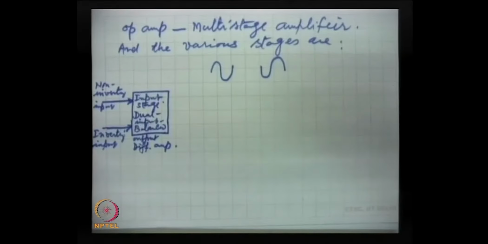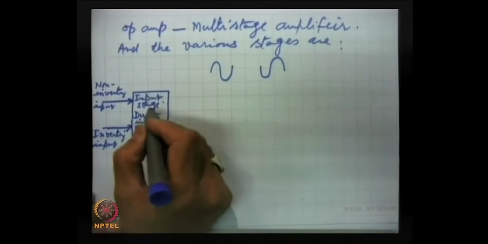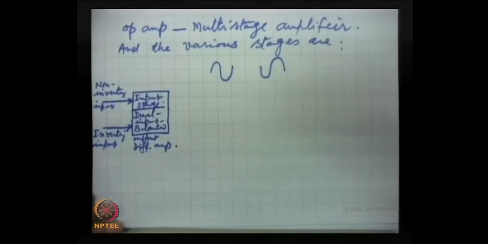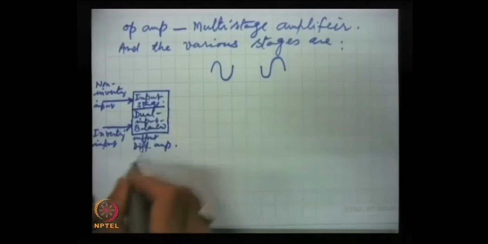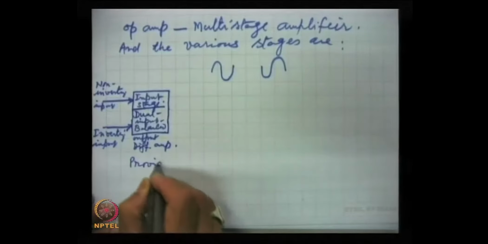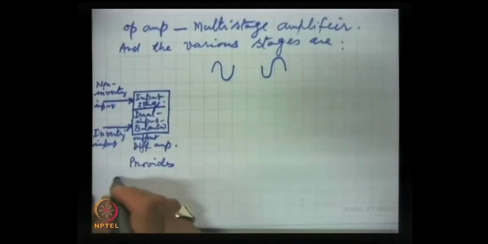So, this is the input stage, which is a dual input balanced output differential amplifier, and this stage provides high voltage gain.